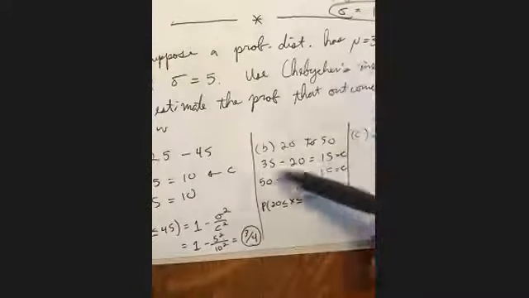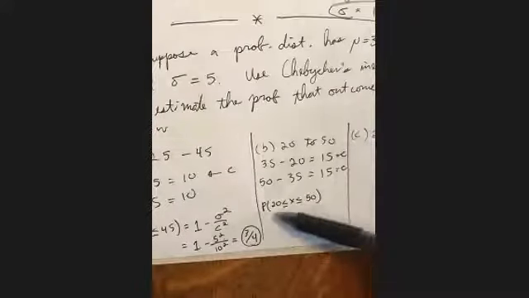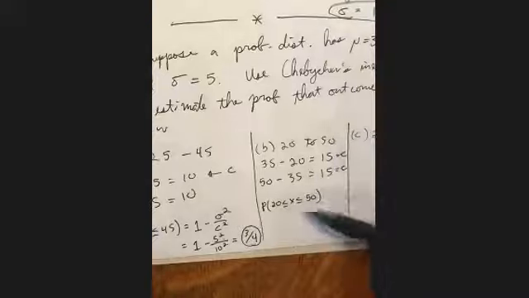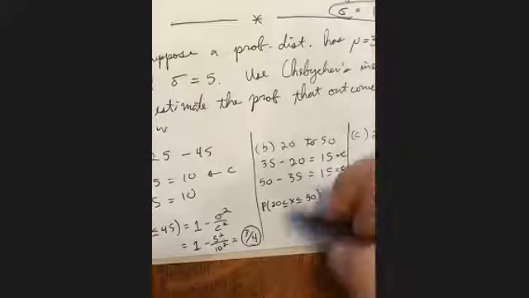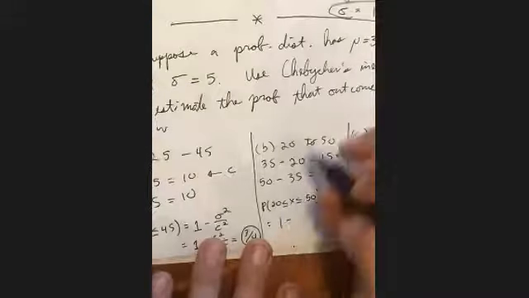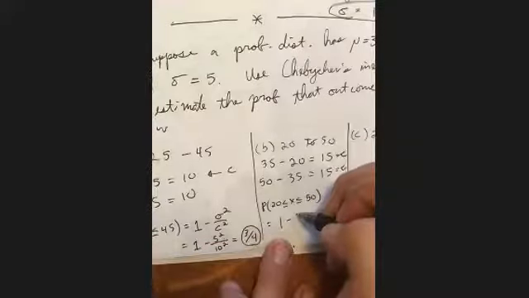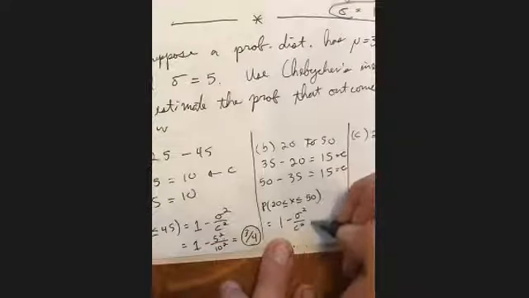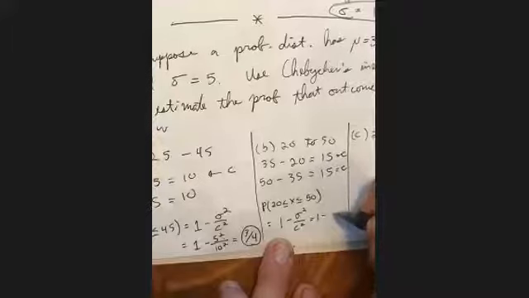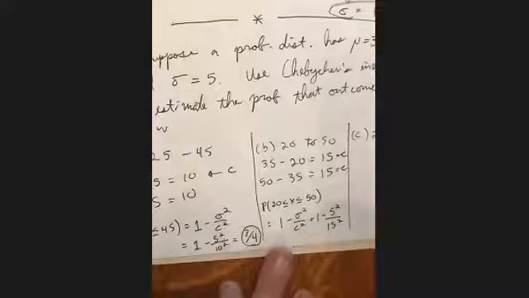Okay, so picking up where we left off, once we know C is 15, then the probability of our variable being between 20 and 50 is equal to 1 minus sigma squared over C squared, which is 1 minus 5 squared over 15 squared.